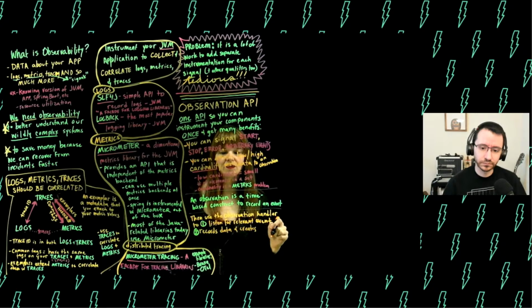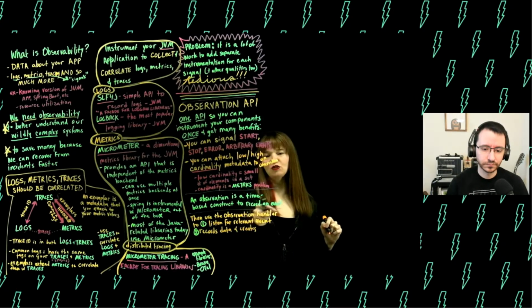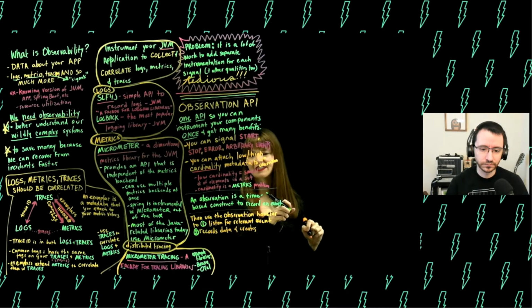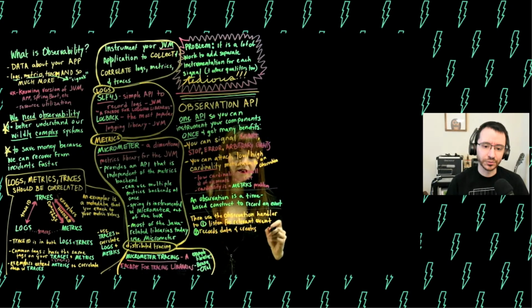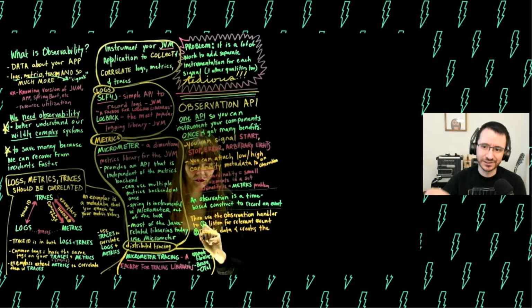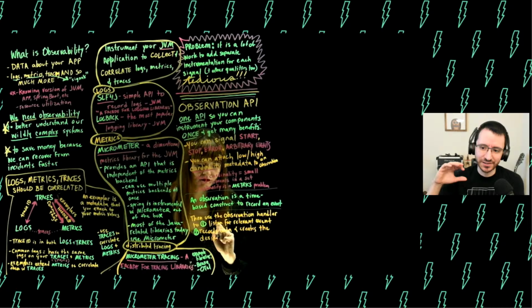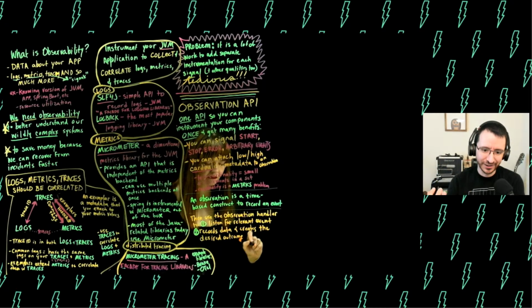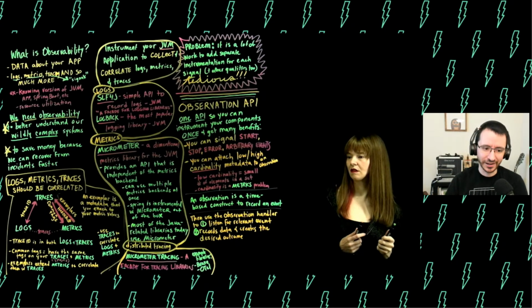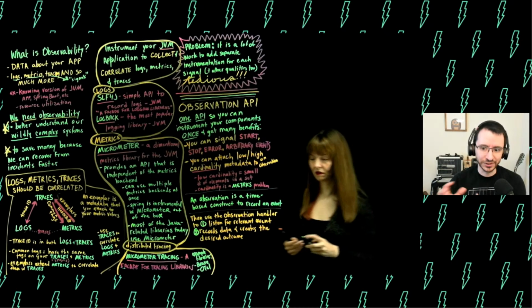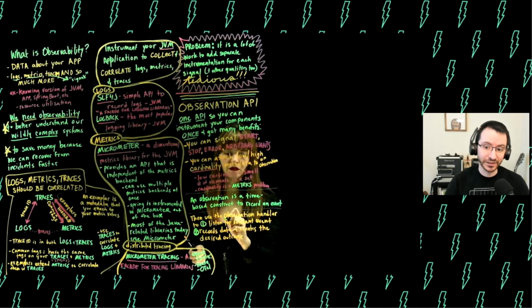That's a little confusing because it sounds like the observation itself is recording an event, but it's not. It's the handler that's recording the data. With the observation, you use this start, stop, error method to record what happened, and then you transform this information into some form of data, for example, metrics.